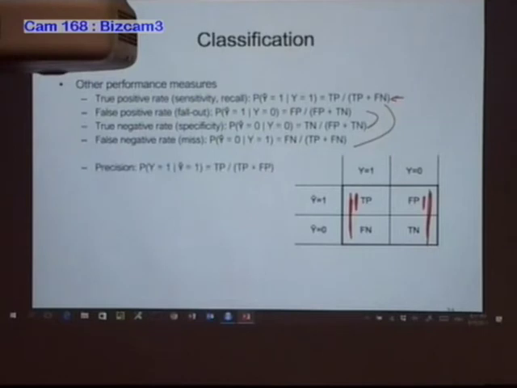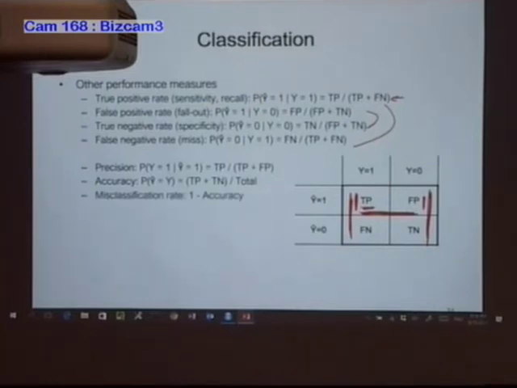There are many others. Precision is, given all the positives you have been talking about, how many are true? So that's this one. Right? Among all the positives you labeled, how many are truly positive? And accuracy is 1 minus the misclassification error.